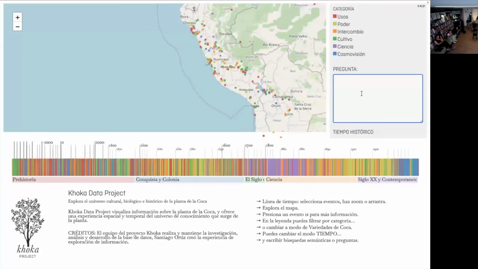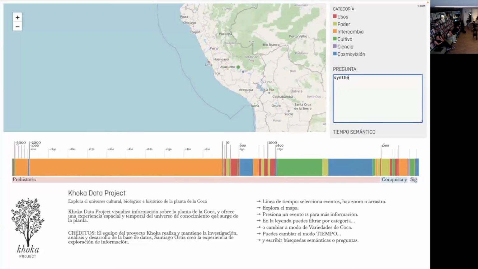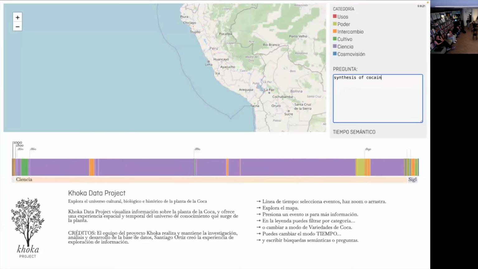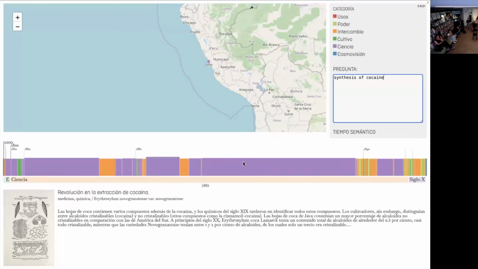But then you can also look for new content in the same way we looked before. Synthesis, yeah, in English, synthesis of cocaine. So what about synthesis of cocaine? It found all this relevant information for my search.